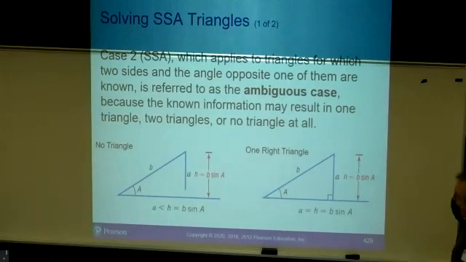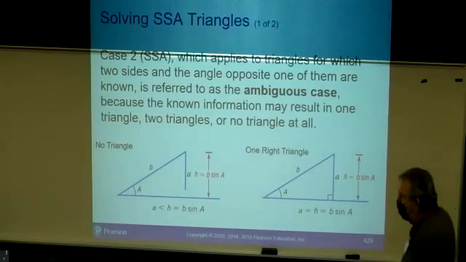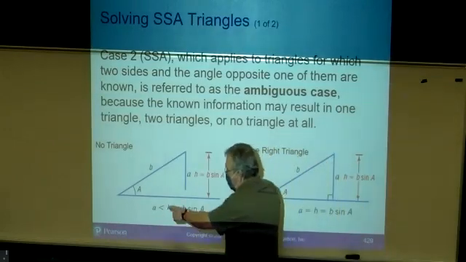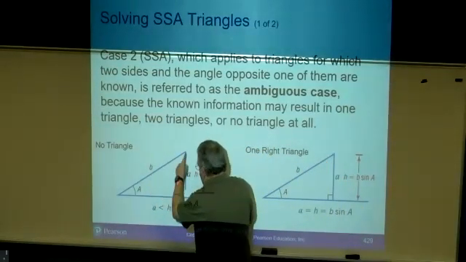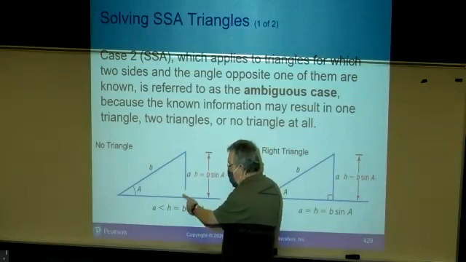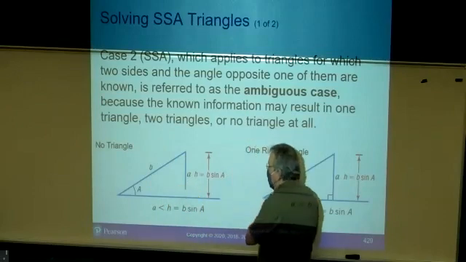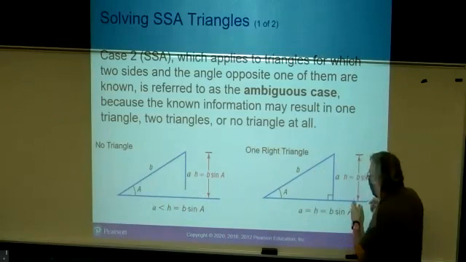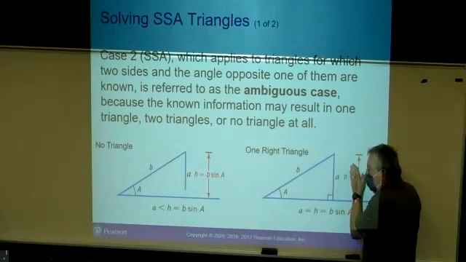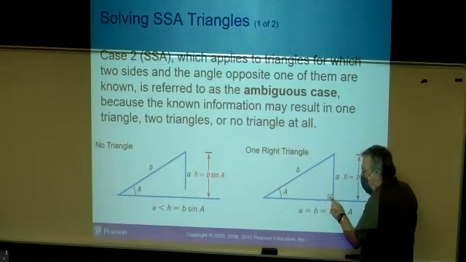Now, solving a side-side-angle triangle, we have three situations that can occur. One is that I know this angle and I know these two sides, but this side isn't long enough to hit this third side over here. So it doesn't form a triangle. This side is just left to dangle in the wind. Or this side is at the correct length that it forms a right triangle.